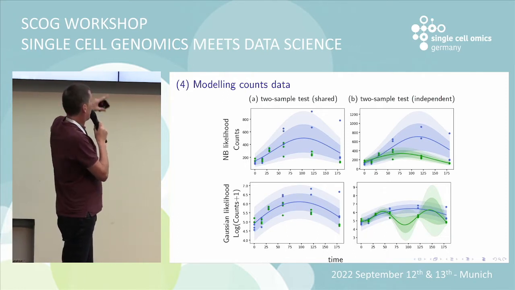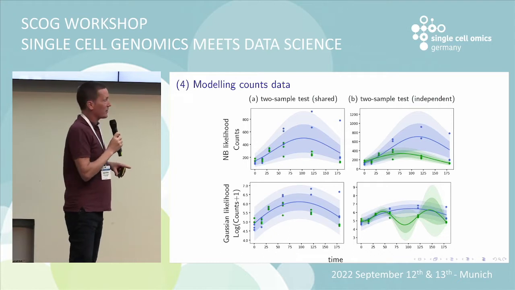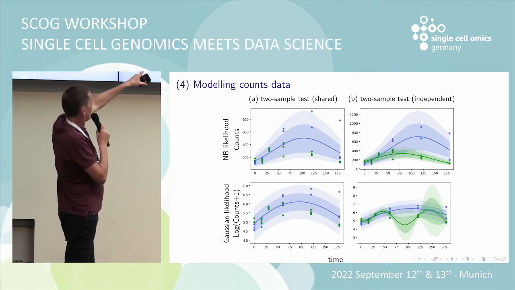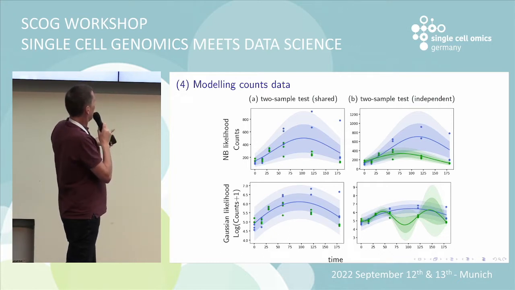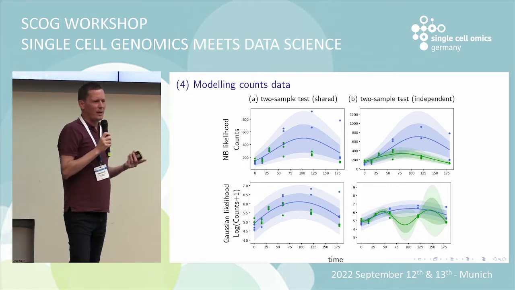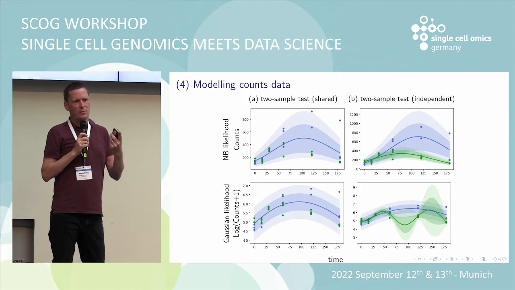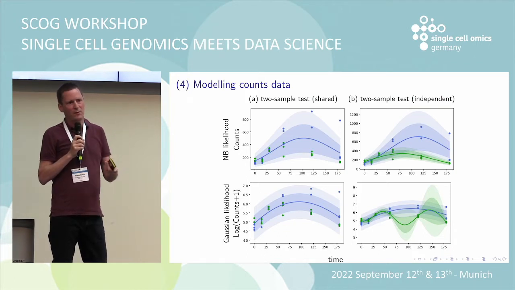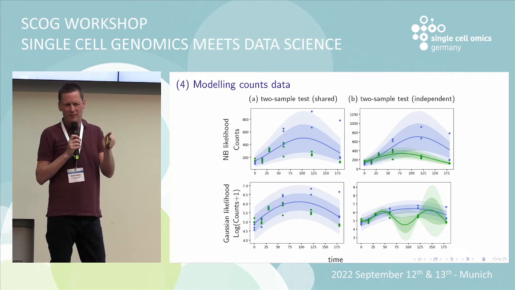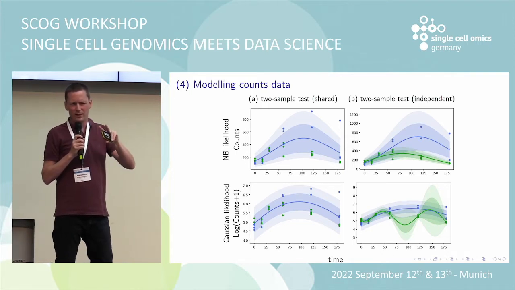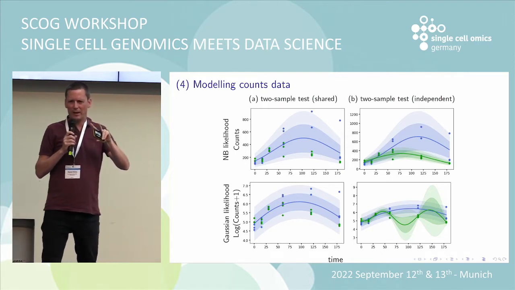If you use a negative binomial counts likelihood, which I've done in the top row here, you have a bit more information about the variance because the negative binomial is an over-dispersed Poisson. So if you have a low number of counts, you kind of have a lower bound on the variance. So you're never going to assume the variance is really, really tight on your replicates. You've got a lower bound on it.